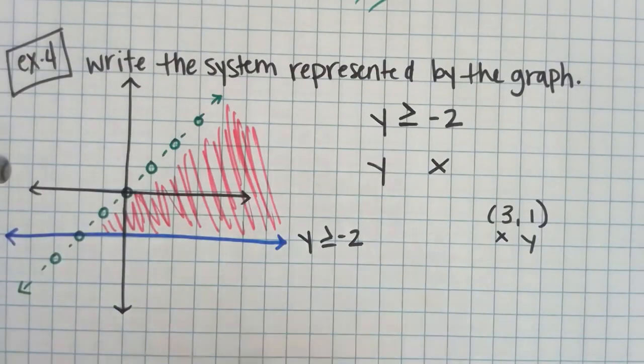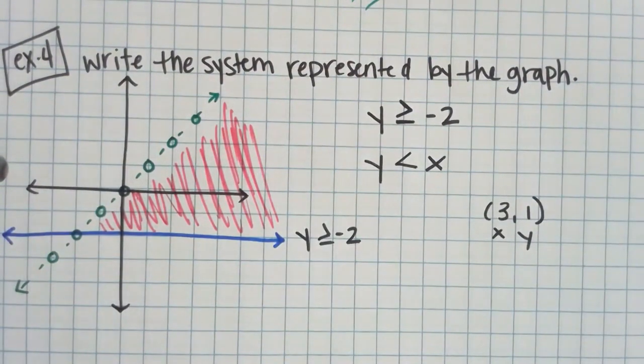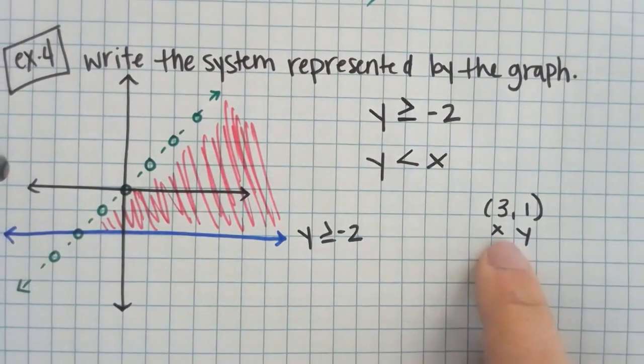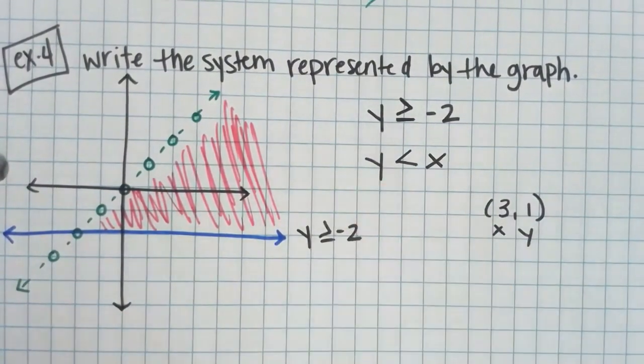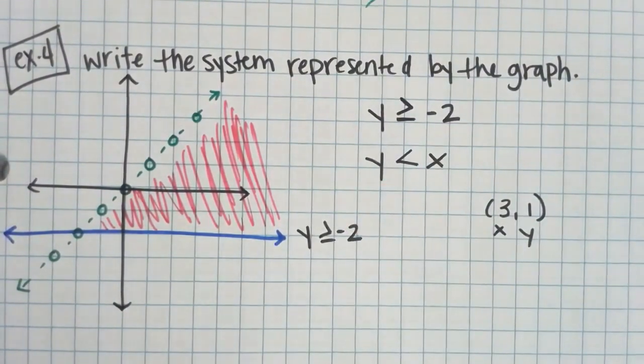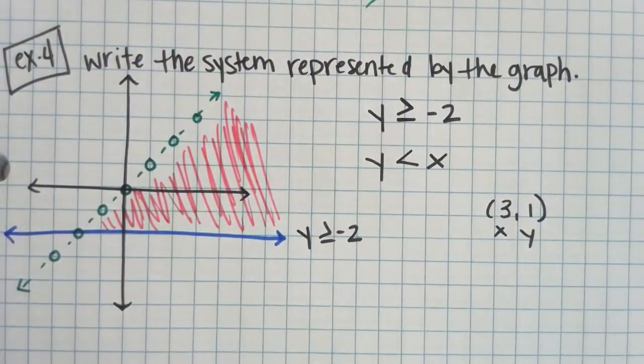So y has to be less than x. If we put in an inequality sign describing how these two are related, y is always going to be less than x in order for them to fall in this shaded area. Okay?